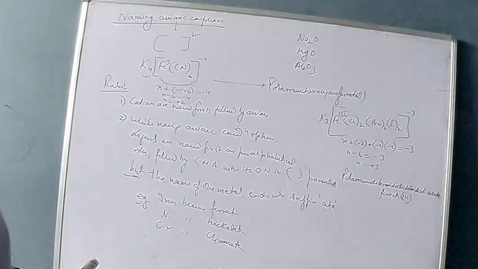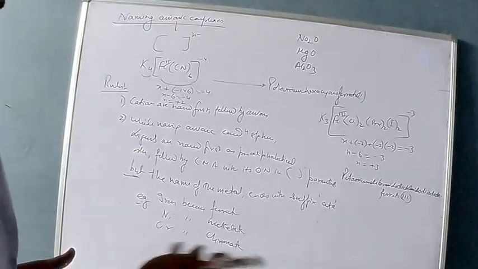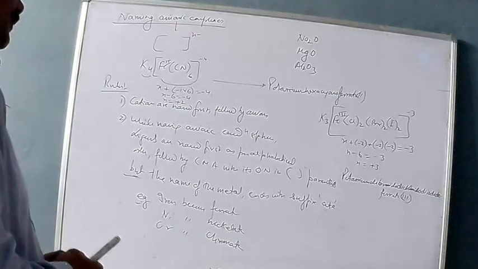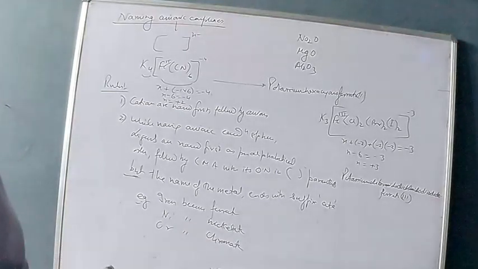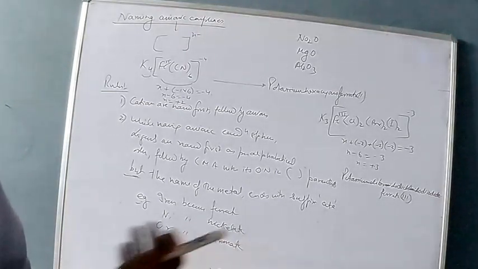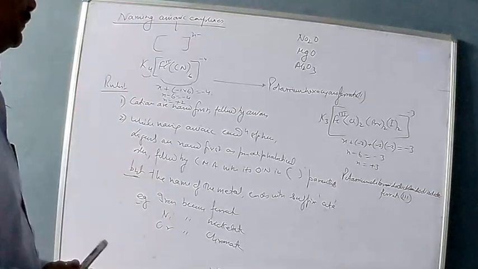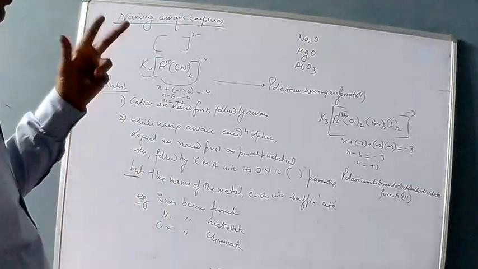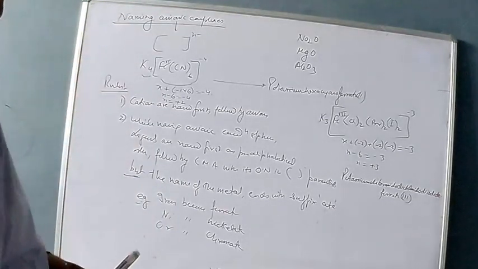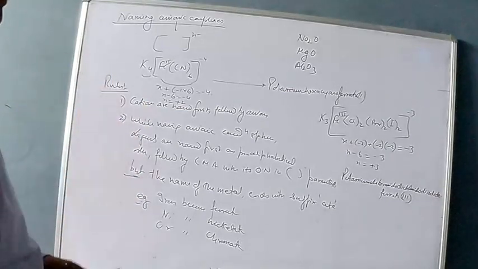So class, all the other rules remain the same. Now, prefixes are not taken into consideration for alphabetical priority. If we are getting special prefixes like di-, tetra- within the name of the ligand itself, then we'll use them as we have been doing. So we have taken 2. First we have taken cationic complex, now we have taken anionic complex.